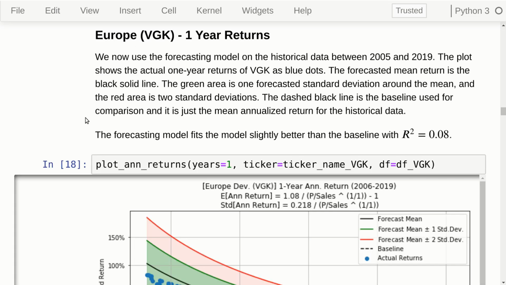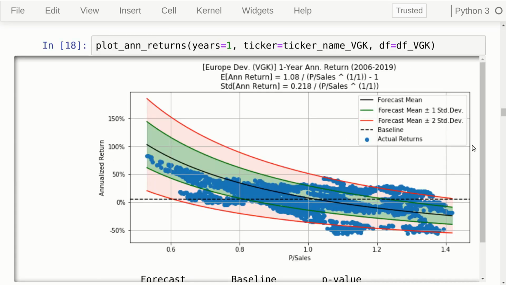So let's try and use the forecasting model on the Developed Europe Index. And you should see the previous video for US stock indices for a more detailed explanation of what this plot shows. I will just explain it very briefly here. So what the blue dots represent are the actual historical one-year returns of the ETF with the ticker symbol VGK, which tracks the Developed Europe Index.